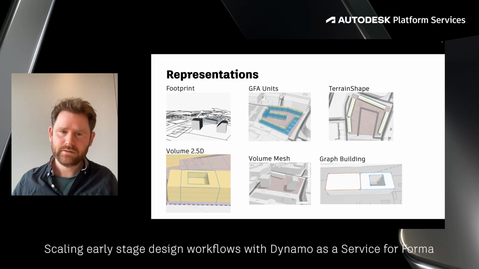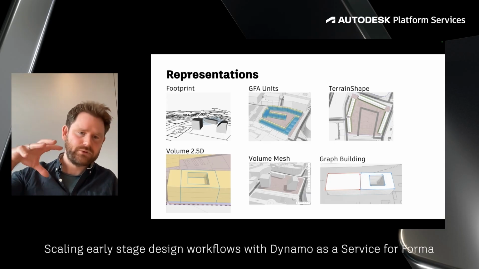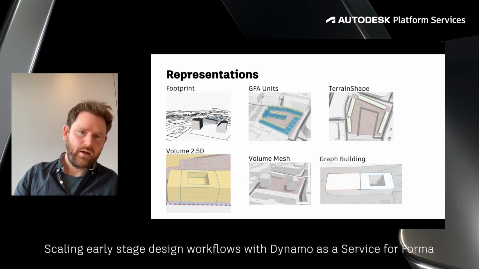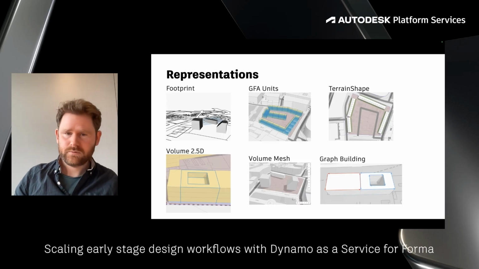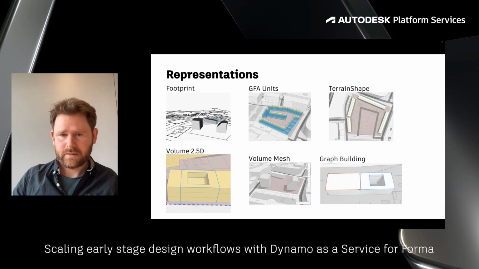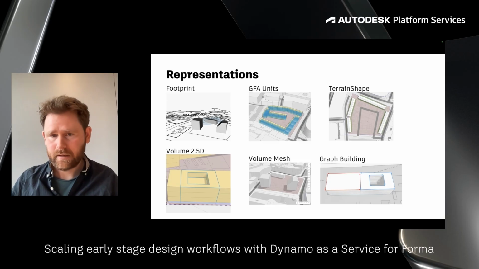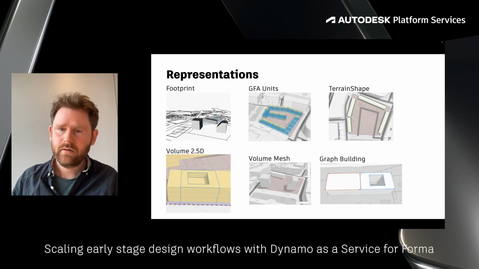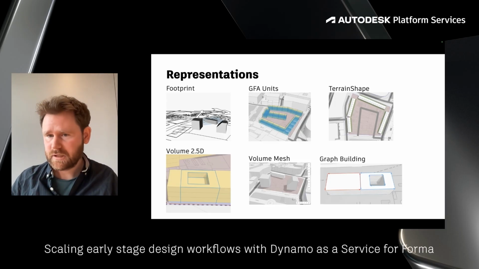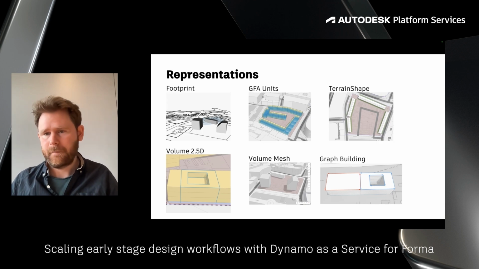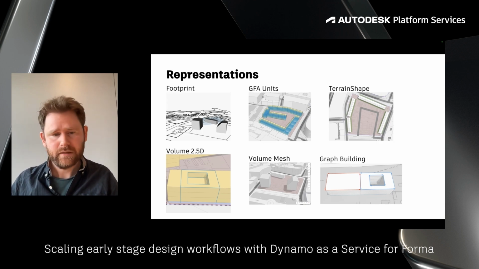So you have footprints, which are 2D projections of 3D objects onto the terrain. You have GFA units, which communicates to Forma where your sellable area is located. You have terrain shape, which tells Forma how you want to render your elements onto terrain.